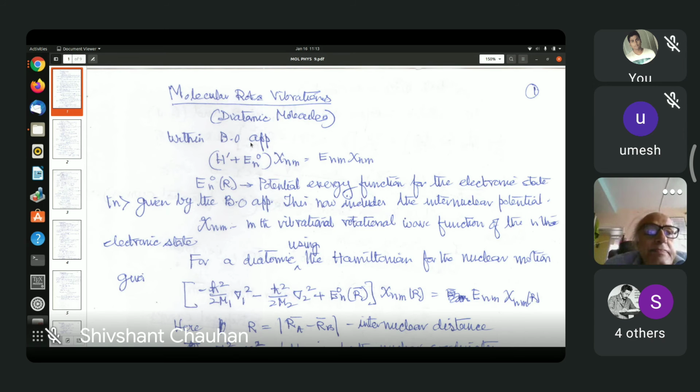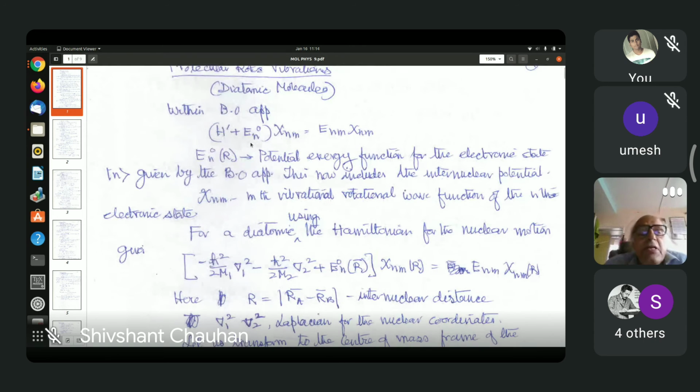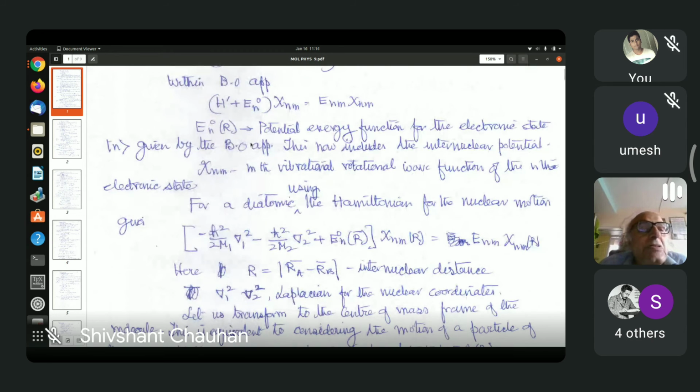No, sir. So En0(R) is the potential energy function for the electronic state, given by the Born-Oppenheimer approximation. This now includes the internuclear potential, of course. When you discuss the motion of nuclei, we cannot take only the electronic potential, because there is also the nuclear repulsion term, and that will also affect the nuclear motion.